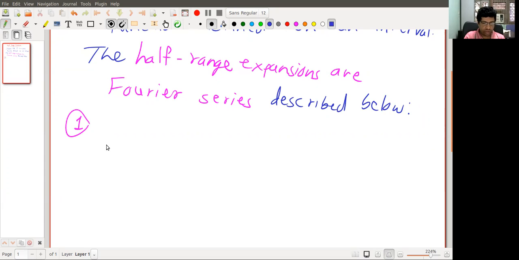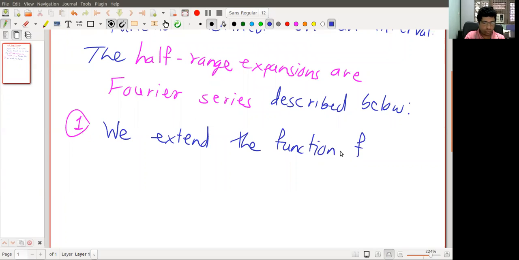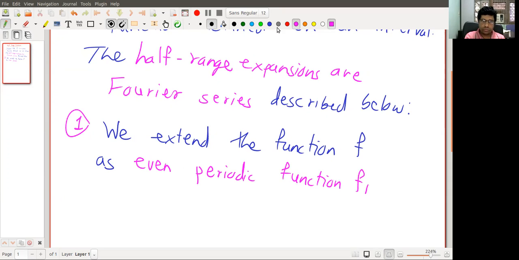We extend the function f as even periodic function f1, as shown in following figure.